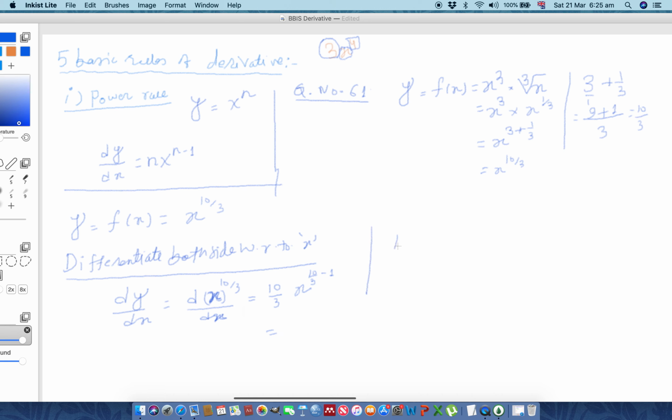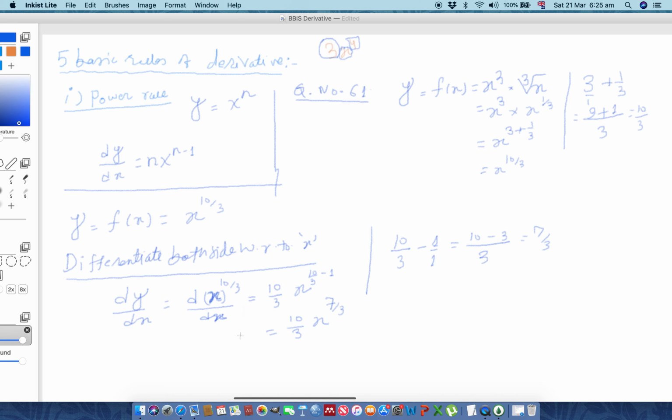Again we can see here 10 over 3 minus 1: we can take the LCM, which is 3. 10 minus 3 is 7 over 3. So the answer is 10 over 3 x to the power 7 over 3.